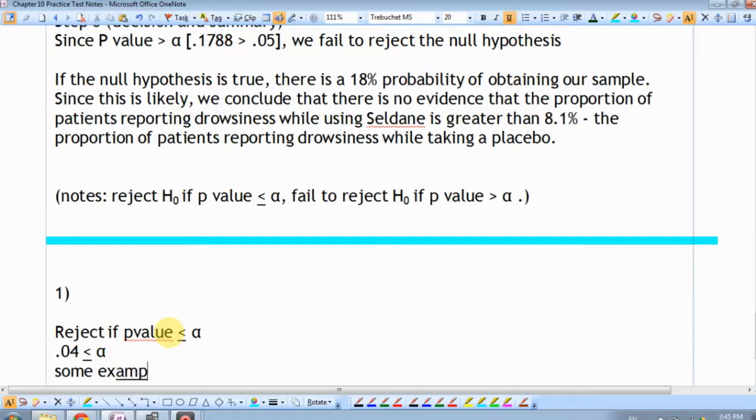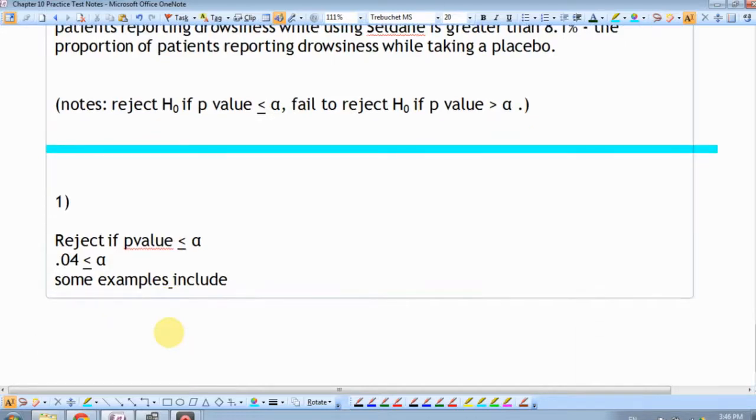So I need anything bigger than 0.04. 0.10, sure.